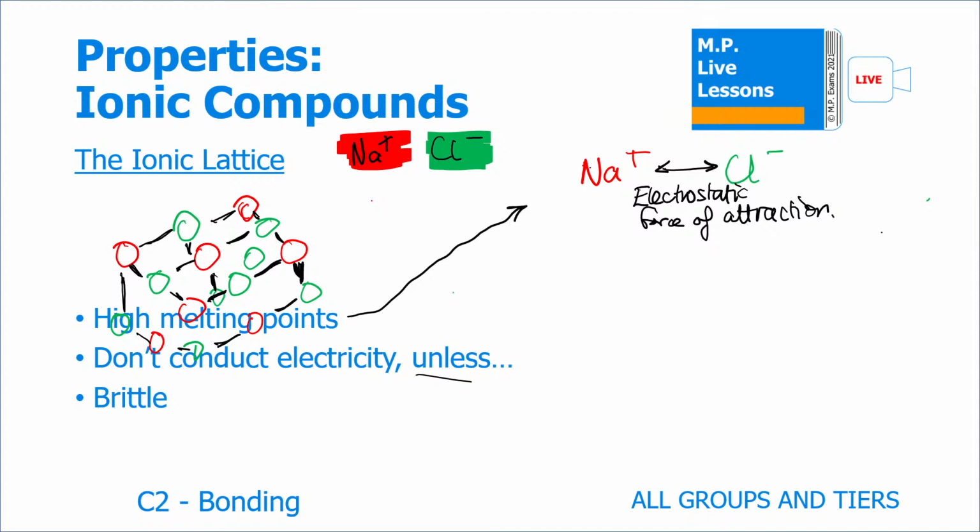Now, since these forces are actually quite strong because they're charges and they're quite close together as well, this means we need lots of energy to break or overcome them. This means they need a high temperature, and therefore that's why they have high melting points.